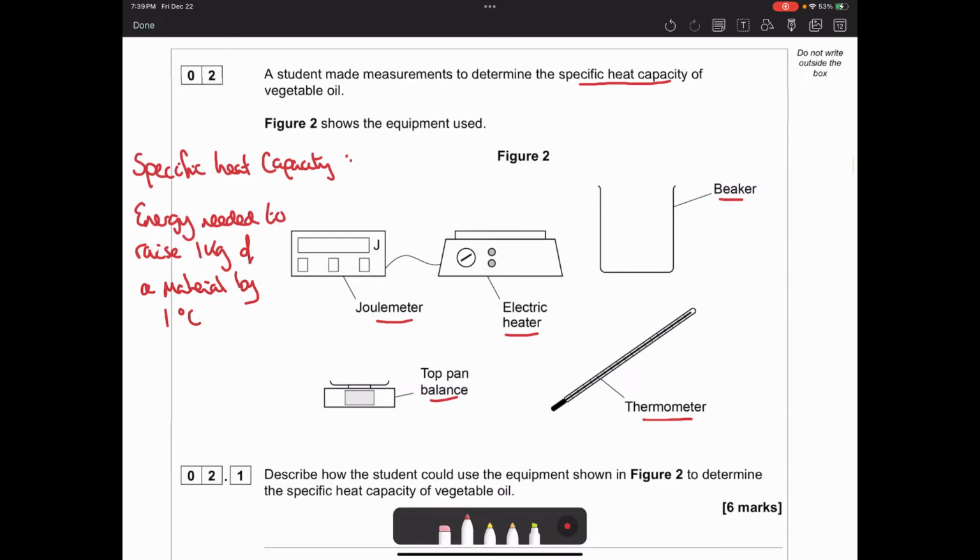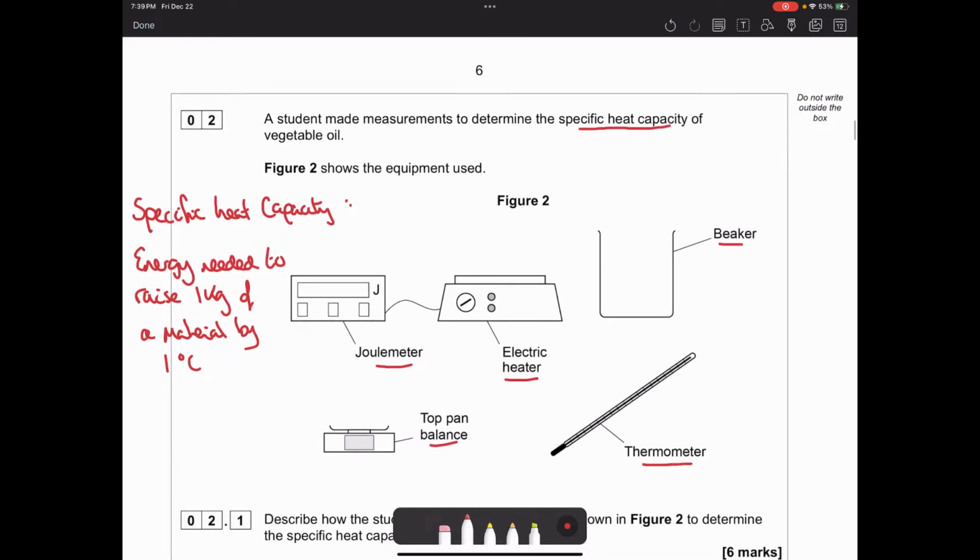The equation that you'd get given on your equation sheet is energy equals mass times specific heat capacity times temperature change. But you want to rearrange that equation to find your specific heat capacity.